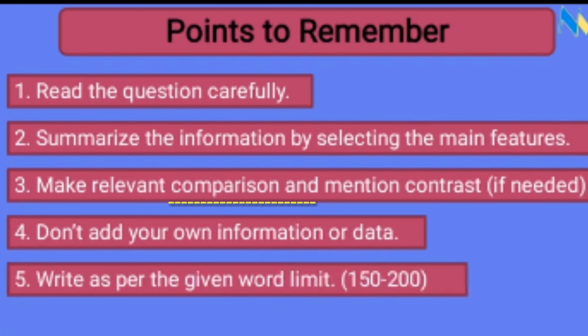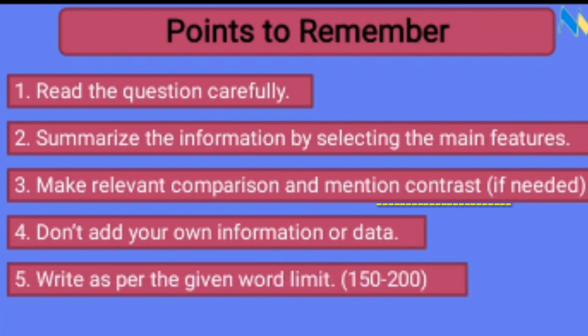So here comparison means a consideration of the similarities or dissimilarities between two things or people. And contrast here means something that is different from another. For example, you can say that today's weather is quite a contrast to yesterday's.